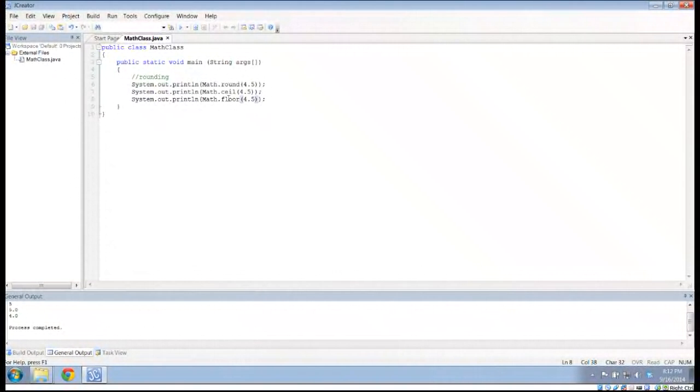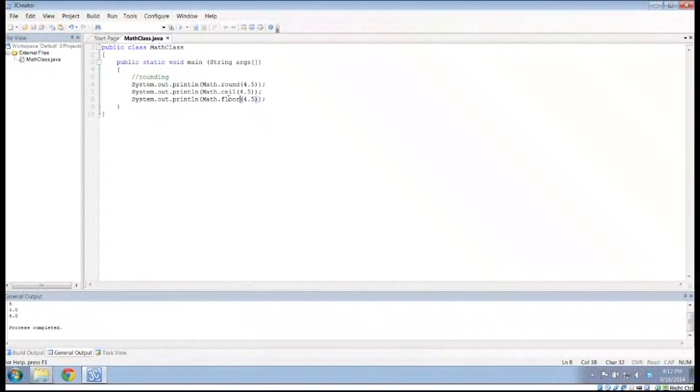And even if I had enough money for 4.9 people to go on an airplane ride, that's still a situation where I would have to round down. Similarly, if I had a job that took 4.5 people to complete, I really need 5 people to complete the job. Even if I had a job that only required 4.1 people to complete, I'm still going to need 5 people to complete that job.